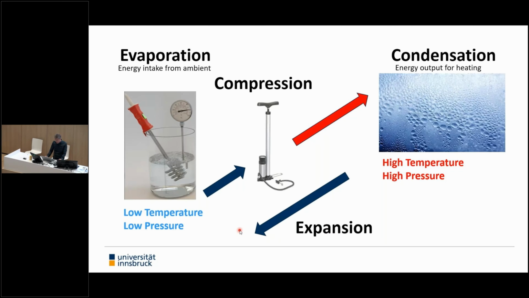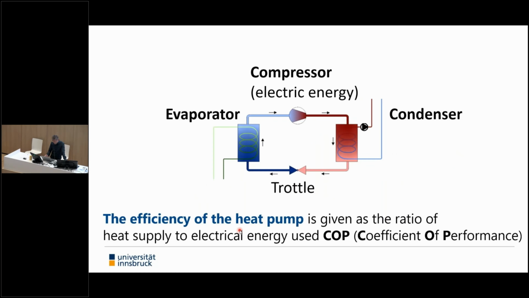So in a technical circle, we have the evaporator, we have the compressor. Okay, it's not a bicycle pump, but it's a compressor machine, as you know from refrigerators. And then we have a condenser. And just to expand it again, we need a throttle valve. And that's all about a heat pump.